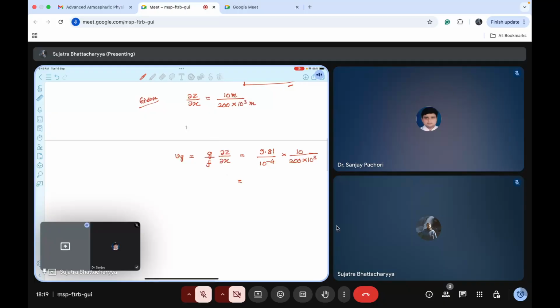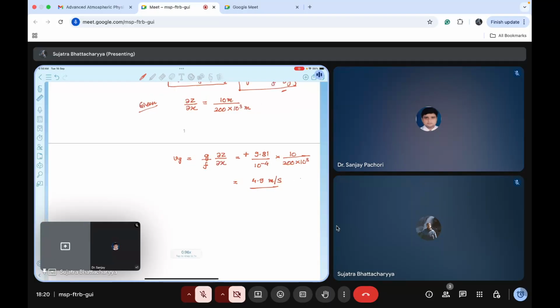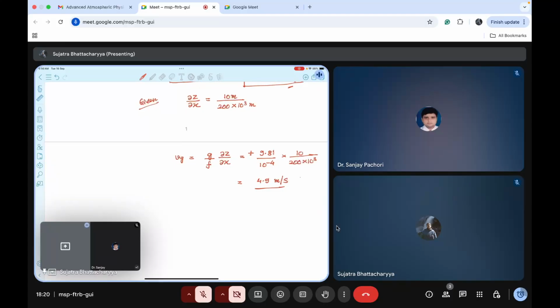So now just do the calculation. I think it will come out to be about 4.9 meter per second. This should be the answer, right? And since you are getting a positive value, what will you say about its direction? Direction will be northward.